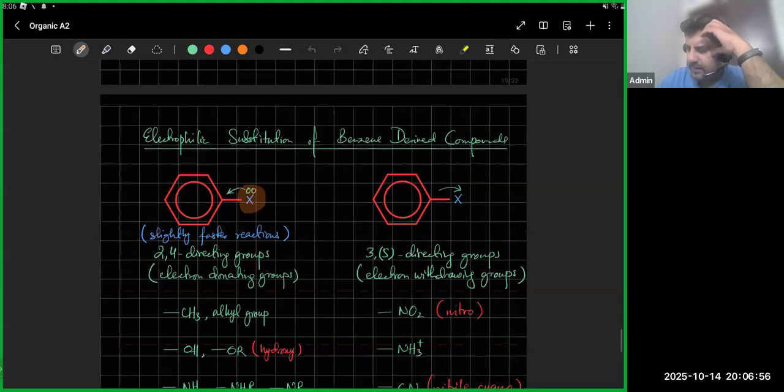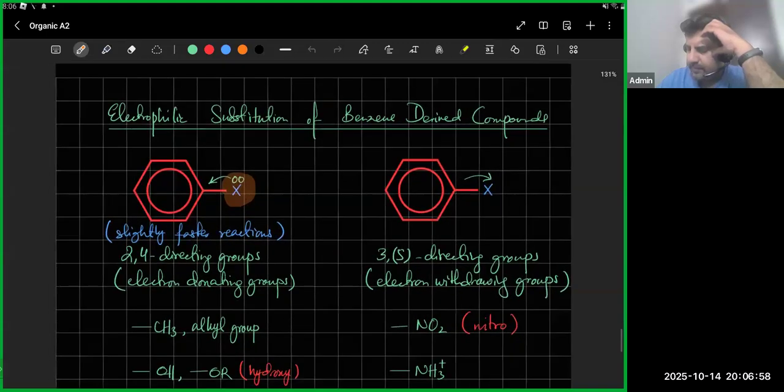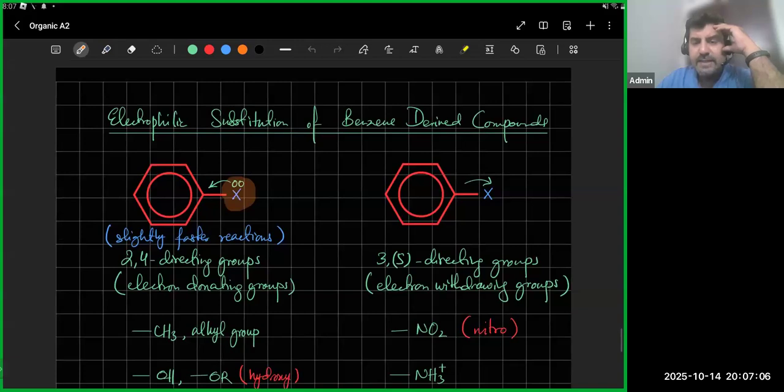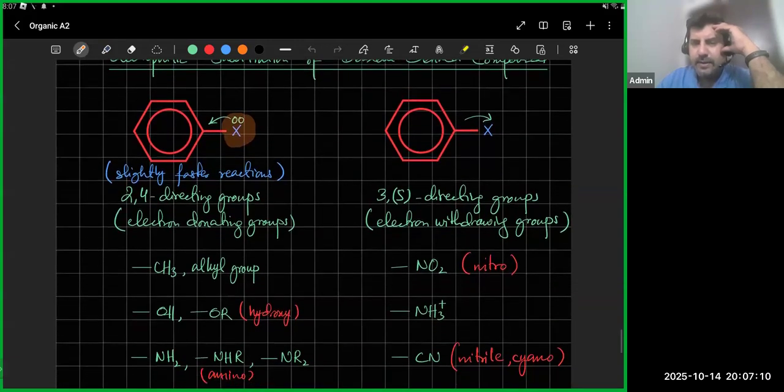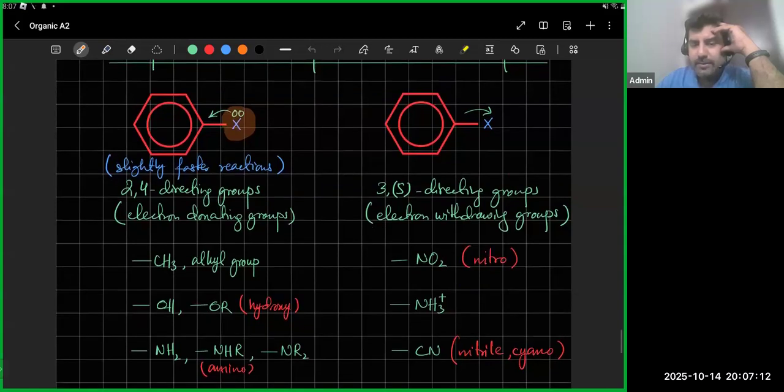So what we had started with was that we had started doing electrophilic substitution of benzene derivative compounds. And there were two types of groups. You had the electron donating groups and you had the electron withdrawing groups.